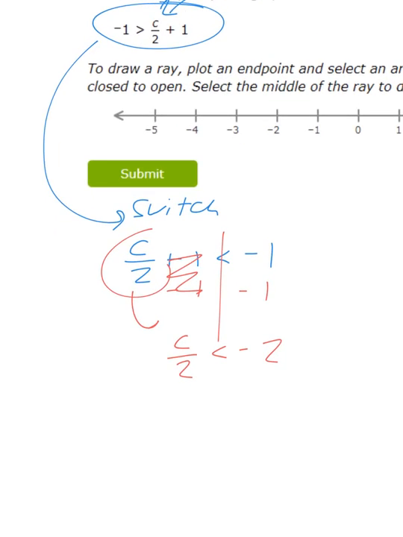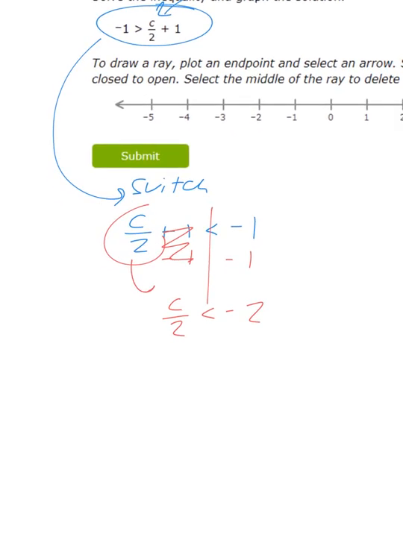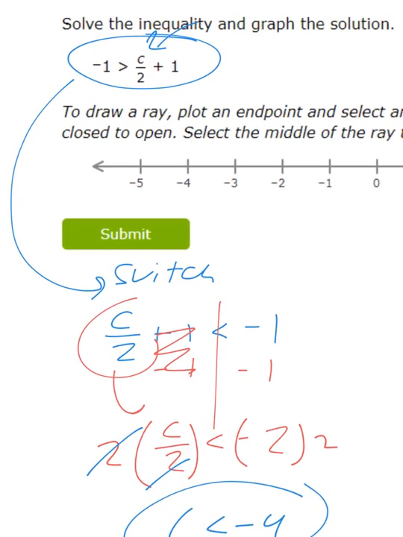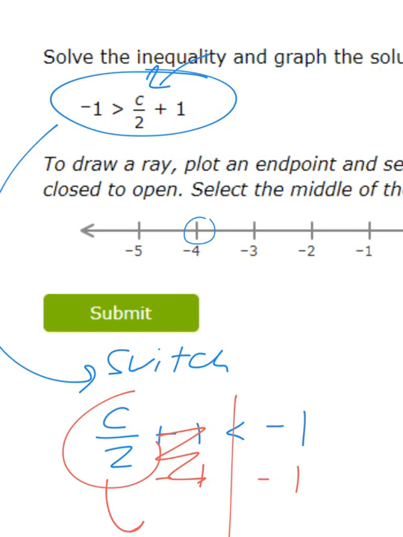Just be careful on that part, okay? Good. From here, this is dividing, so we need to multiply both sides by 2. The 2's will cancel. I'll just be left with C, and that's less than -4. So C is less than -4 for this one. That would be an open circle, and then I'd be shading to the left on this one. Submit.